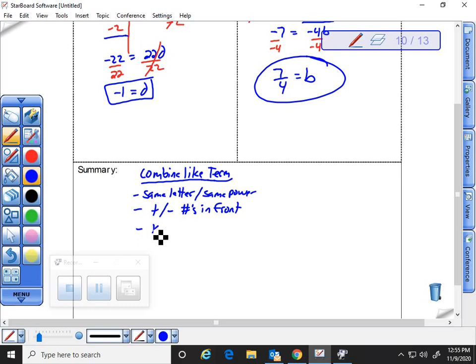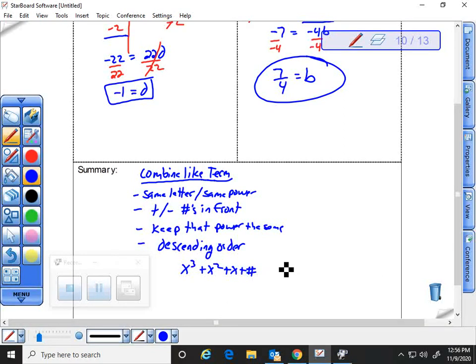Keep that same power. Okay, don't keep that power the same. And then also put it in descending order. In other words, x cubed plus x squared plus x plus 1. Alright, where that is just a number at the end.